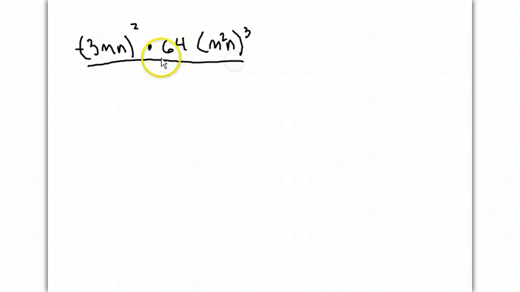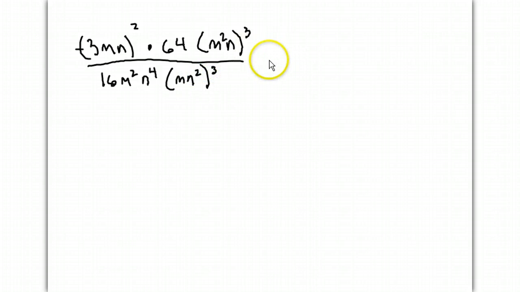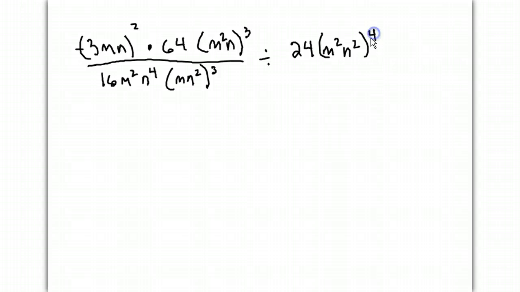All of this is divided by 16m squared n to the fourth, and that's multiplied by mn squared to the third, and all of this is divided by 24 m squared n squared, and that's raised to the fourth power, and that is divided by 3m squared n to the third, and all of that is raised to the second power.